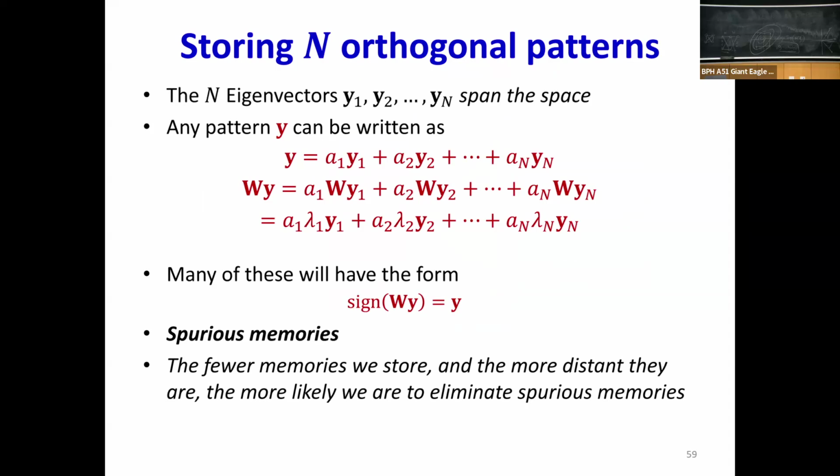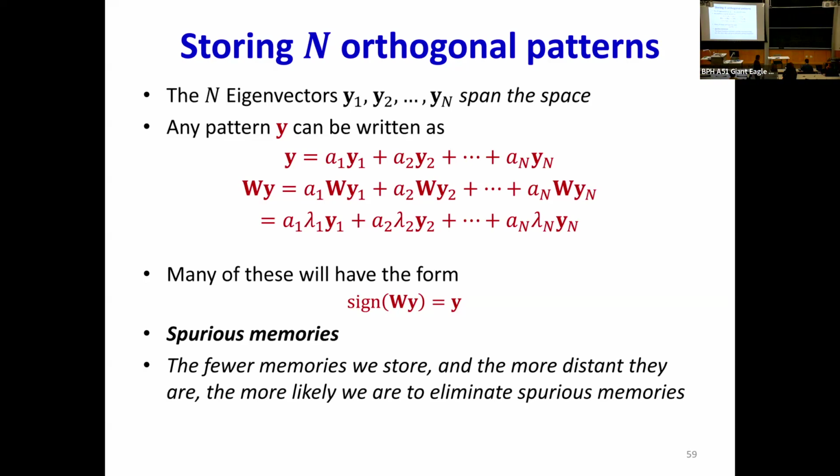If I have N orthogonal vectors as my stored patterns, and if the eigenvalues of all of these N patterns are, say, 1, then every other vector in the space can be expressed as a linear combination of these N patterns, right? And so this means that if the eigenvalues of the W matrix are all 1, then every pattern is going to be remembered.